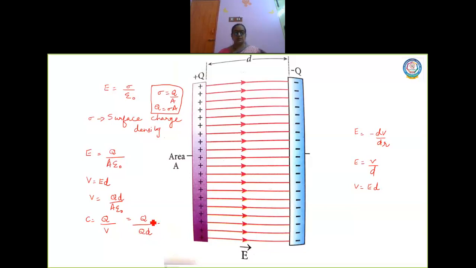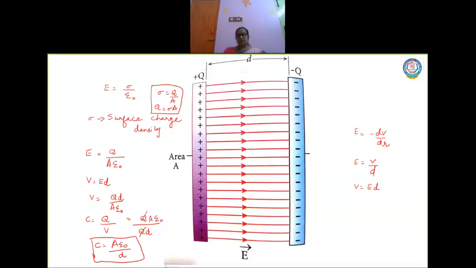So A epsilon naught will come in the numerator, and here Q and Q get cancelled. So here is the formula for capacitance: A epsilon naught by D is the capacitance of a parallel plate capacitor.